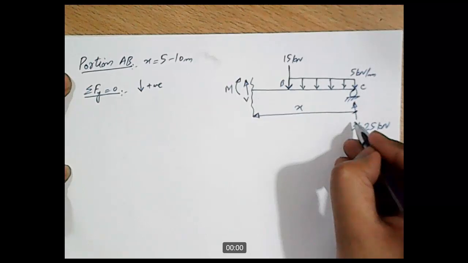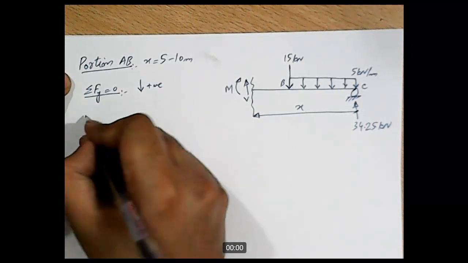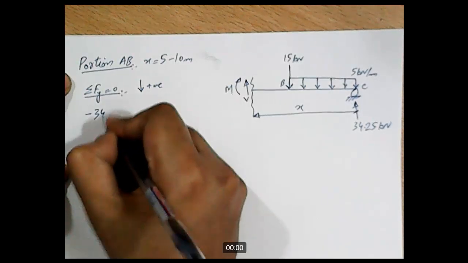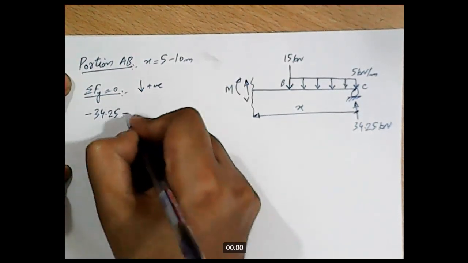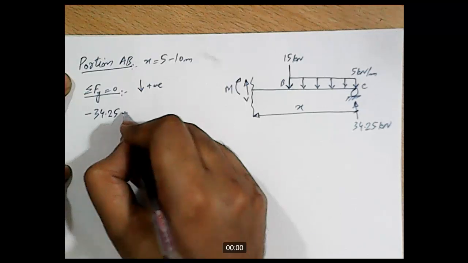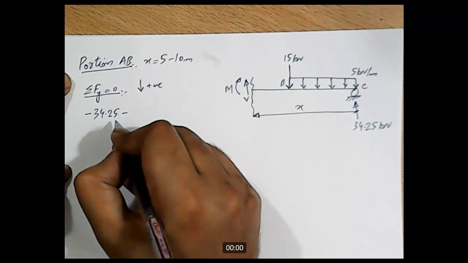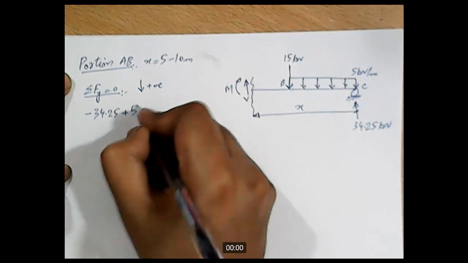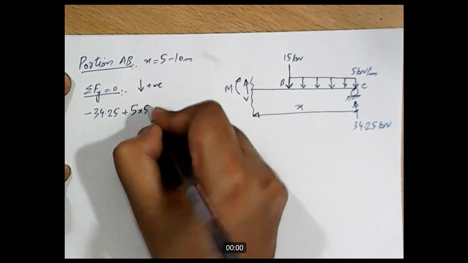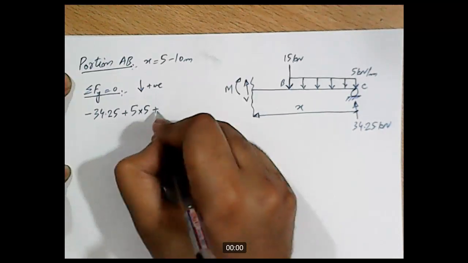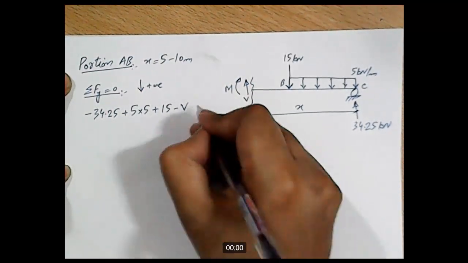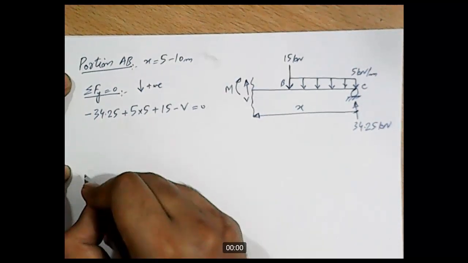So starting from point C, we have an upward force of 34.25, so it will be taken as negative, minus the entire UDL, sorry, not minus but plus, because it's acting in the downward direction, 5 into 5, and then plus the point load 15, and minus shear V, and this should be equal to 0.